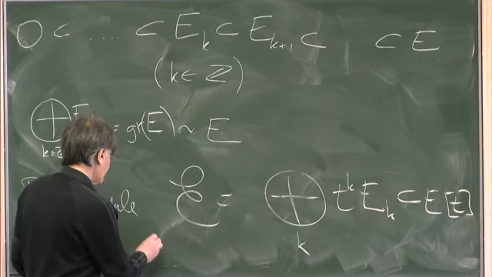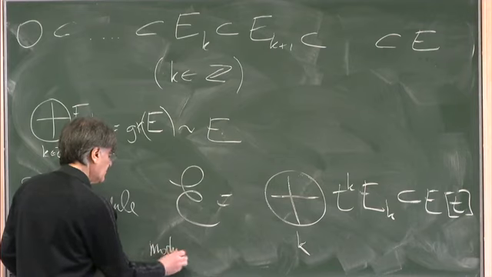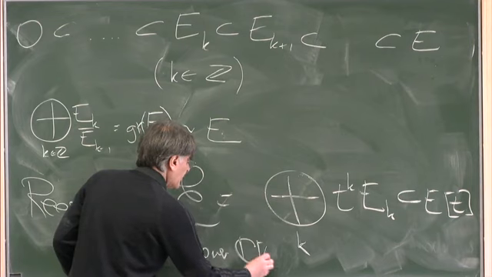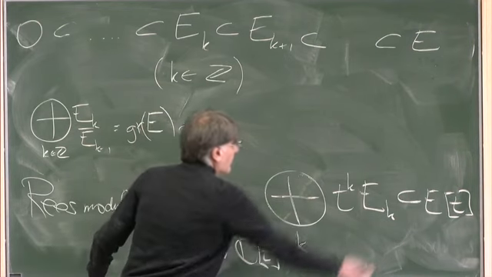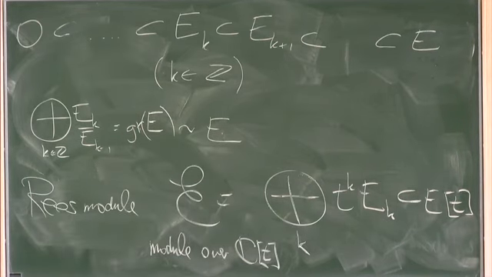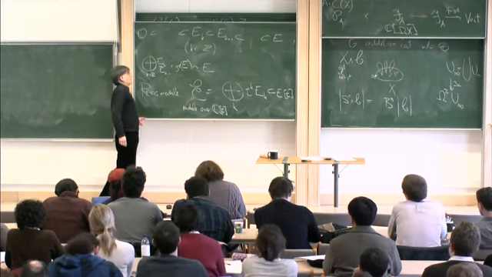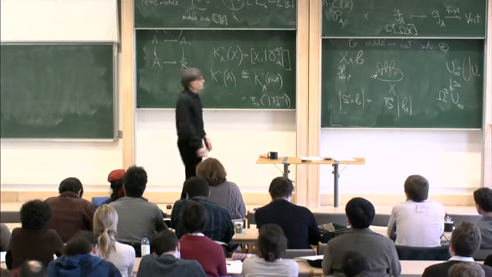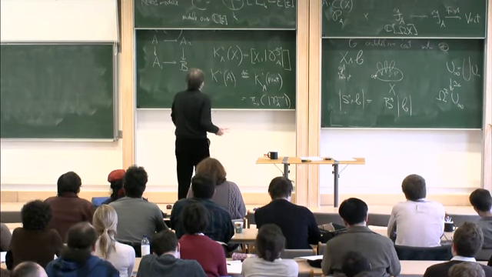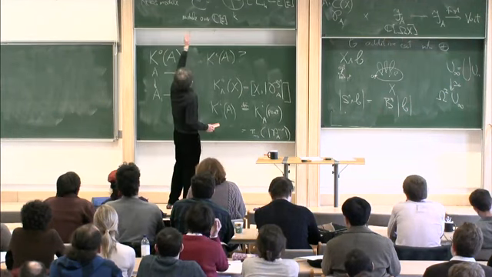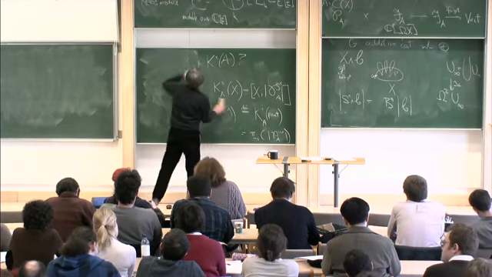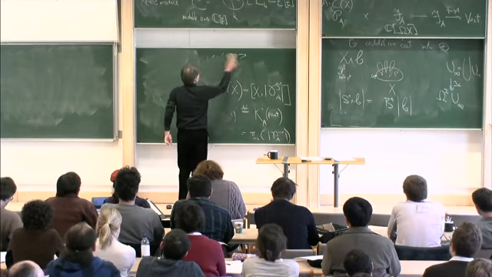And this, of course, is a module over the polynomial ring C[t], which just multiplies by T with respect to that formal variable. Well, the thing about this Rees module, it's a finitely generated projective module over that ring.